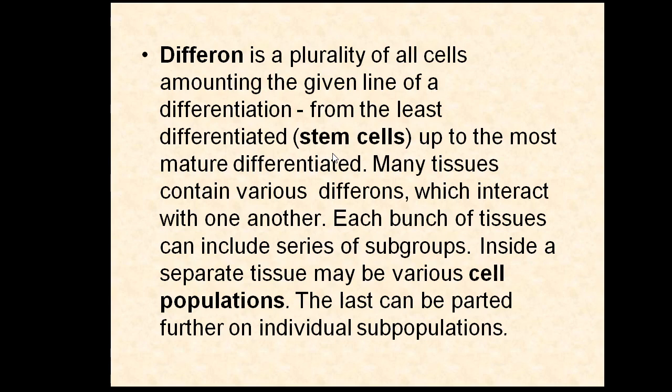These mature differentiated cells, after some period of time, become old and then die. So that's why differon is a population of concrete cells where cells are on the different steps of differentiation, from stem cell up to the mature cell.